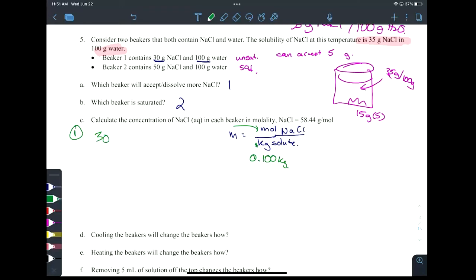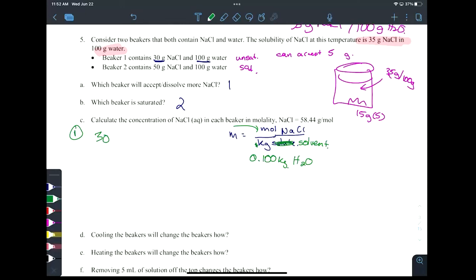Yes, it's solvent. It's moles of solute over kilograms of solvent. So in this case, since we have 100 grams of water, which is the solvent, we already know what the denominator is. It's 0.1 kilograms.